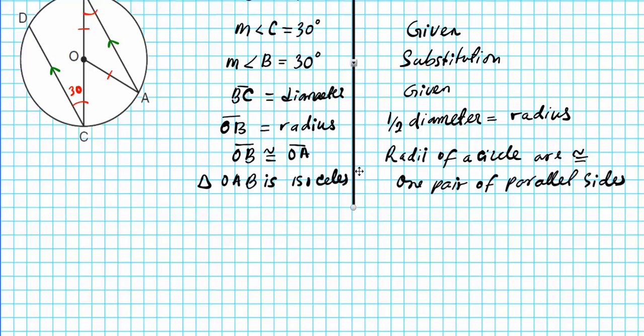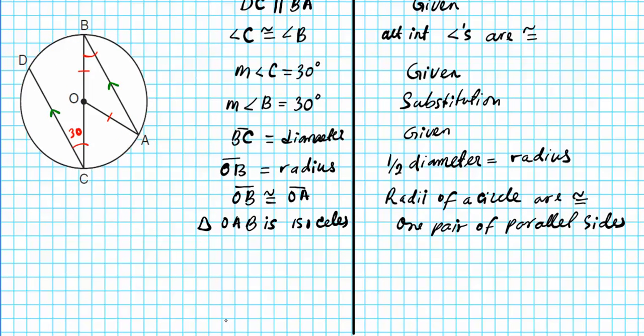Okay, now what do we know about the angles in a triangle? They add up to what? Let's go ahead and write down an equation. We know that the measure of angle B plus the measure of angle A plus the measure of angle AOB has to equal 180.